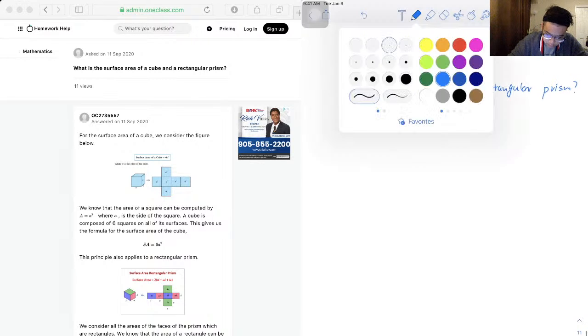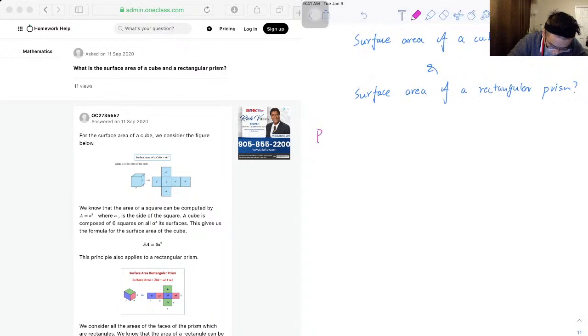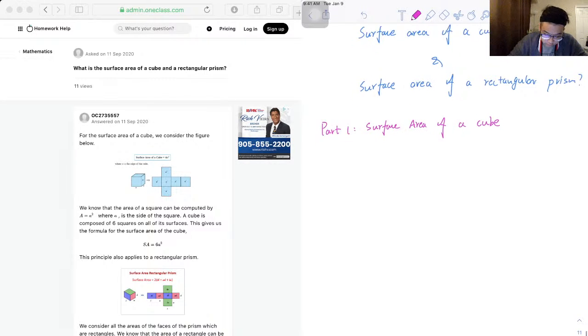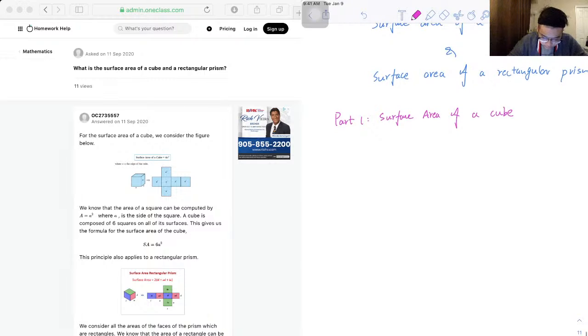The surface area of a cube. Right. So first let's draw a diagram of a cube, which looks something like this.